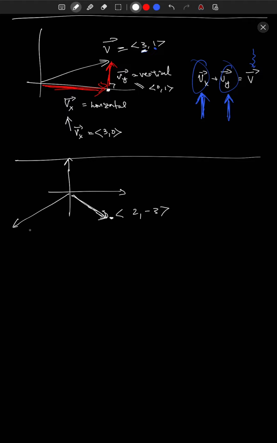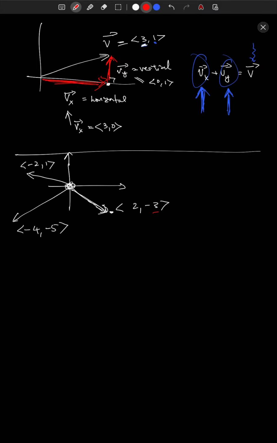This guy right there might be -4, comma -5. This one right there might be -2, comma 1. So you can certainly have vectors pointing in whatever direction you like, and of course that will affect whether these entries are positive or negative.